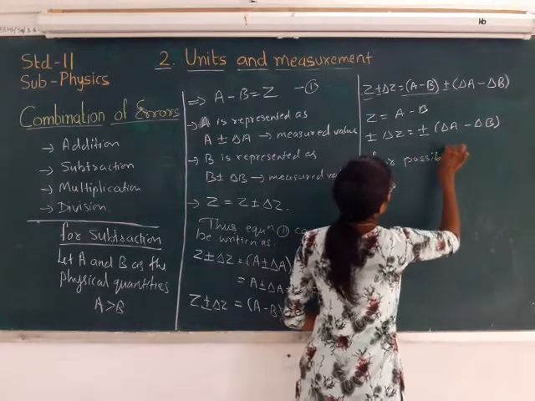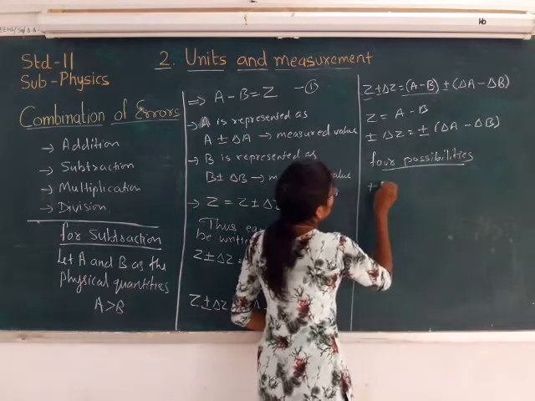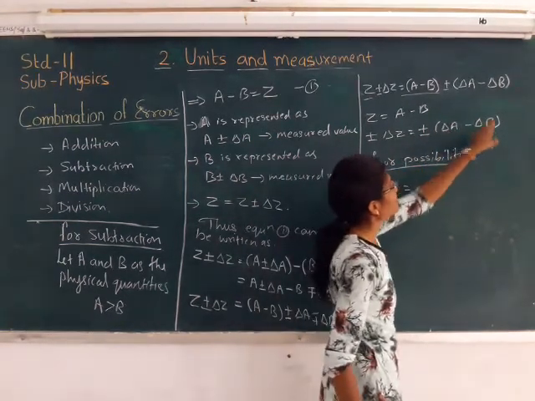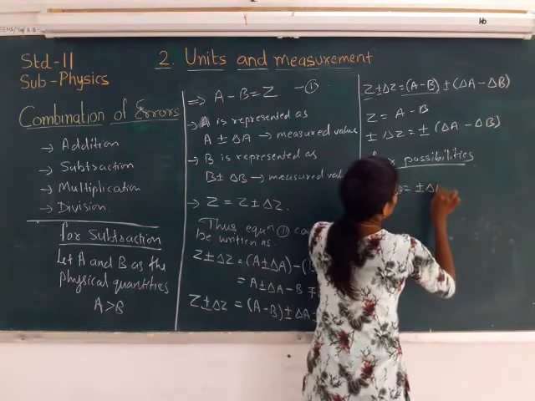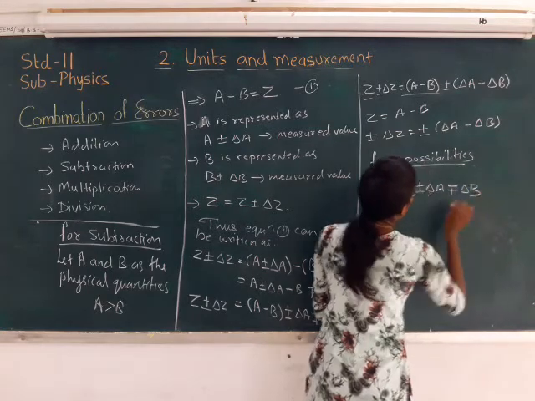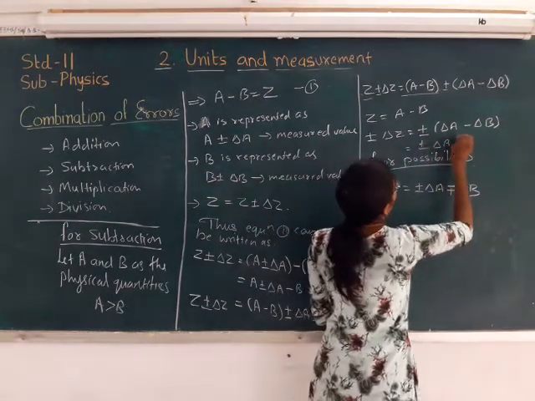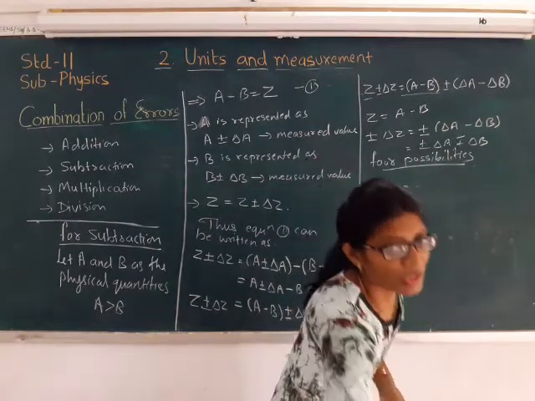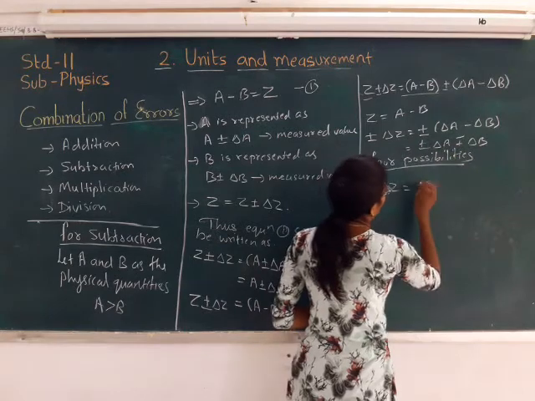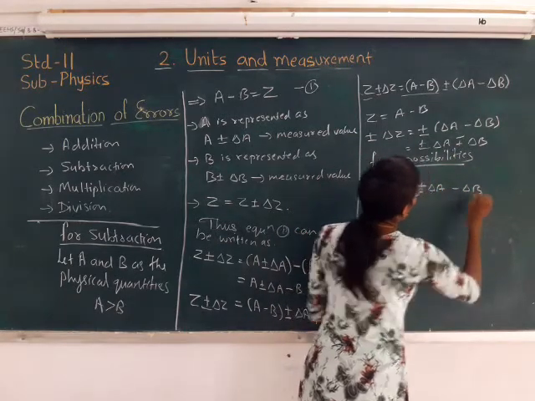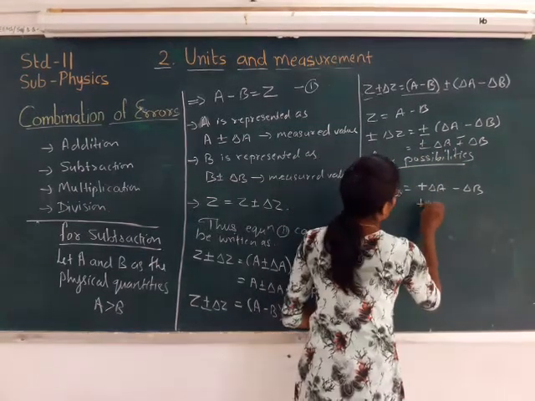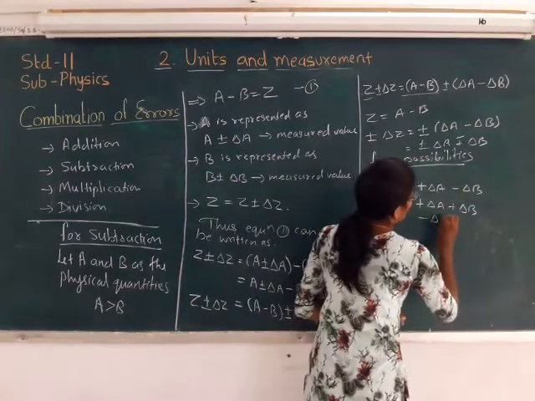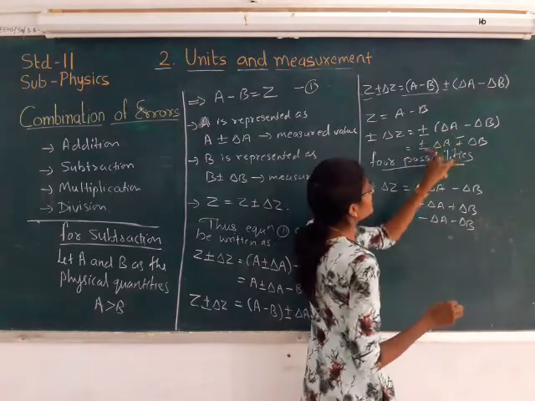Four possibilities, that is plus minus delta Z, that can be written as plus delta A minus, okay, let me split this first, plus minus delta A minus plus delta B. So it can be written as plus delta A minus delta B, plus delta A plus delta B, minus delta A minus delta B, minus delta A and plus delta B.